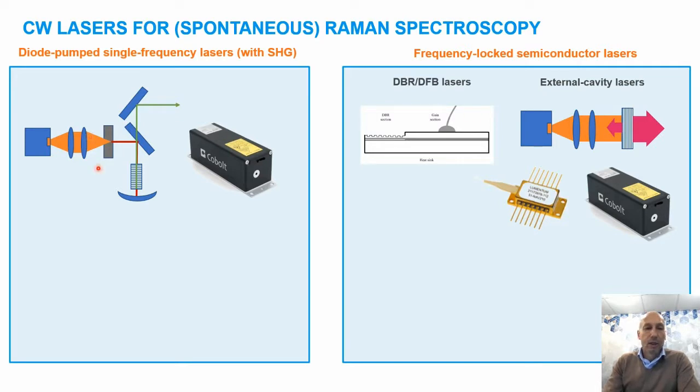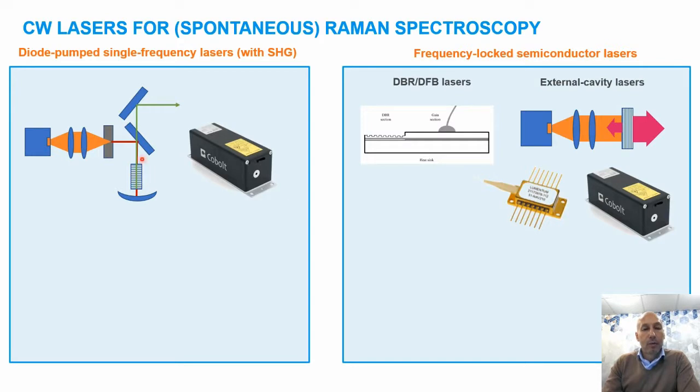The diode pumped single frequency or single longitudinal mode lasers are typically built up like this. There is a broadband semiconductor that is pumping a laser gain material. One builds a laser cavity around this, which emits somewhere in the near infrared typically, and then the output is converted into the visible by a nonlinear optical conversion element that is typically put inside the cavity to make use of the high intensity intracavity circulating field.